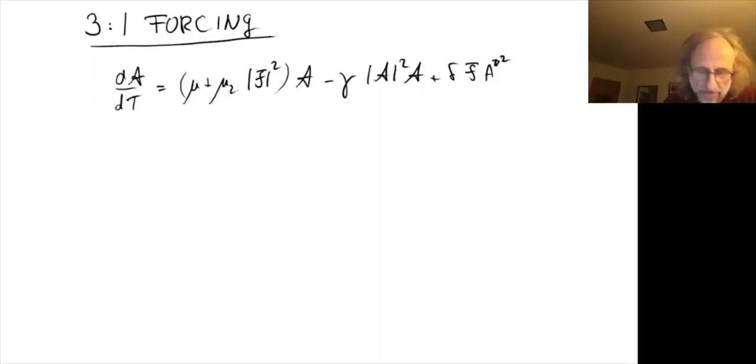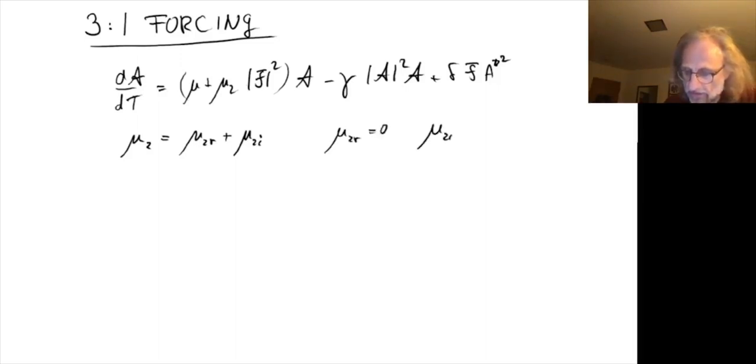So we have that mu2 is actually purely imaginary. How should we write that? Mu2 is equal to mu2r plus i mu2i. Let's write it this way. Mu2r is 0 and mu2i is negative. And similarly, gamma i is negative.